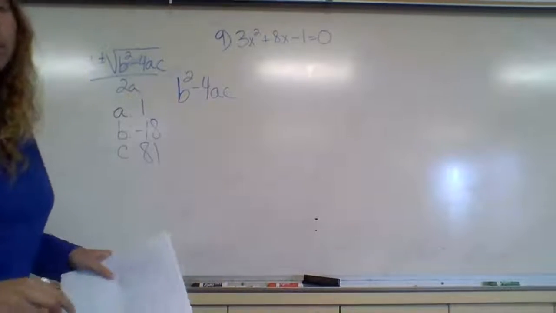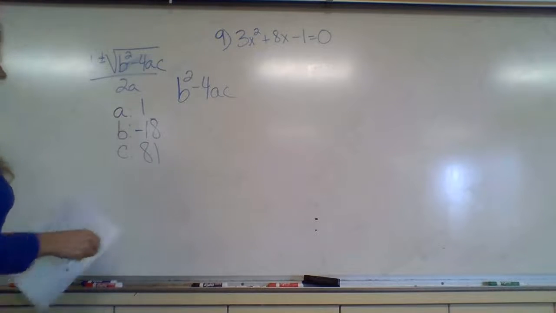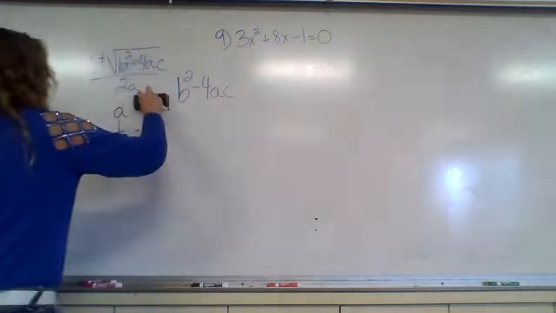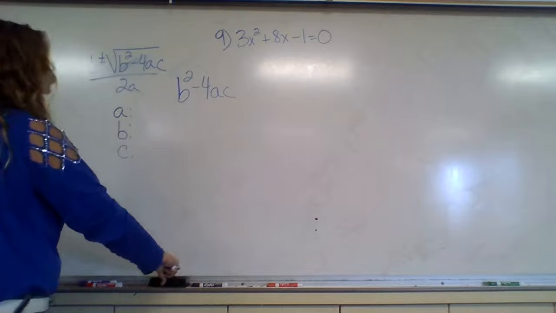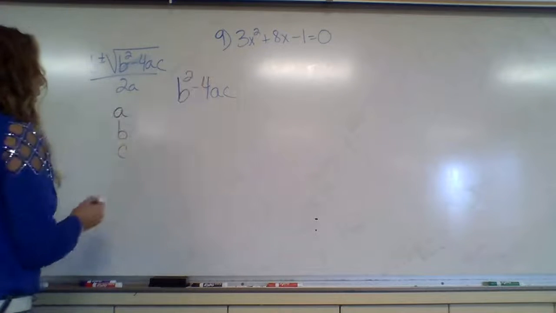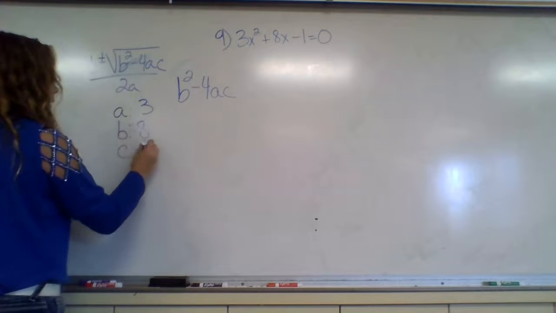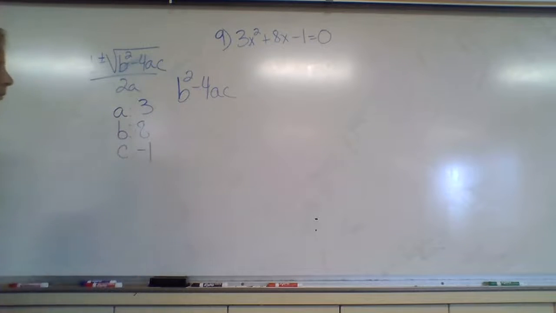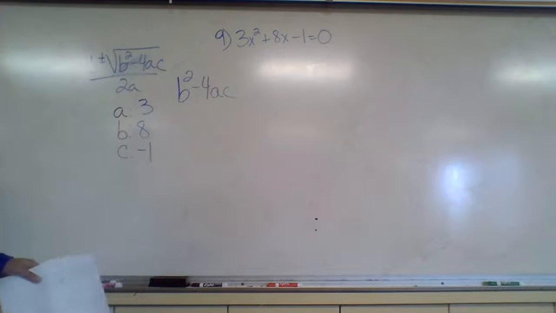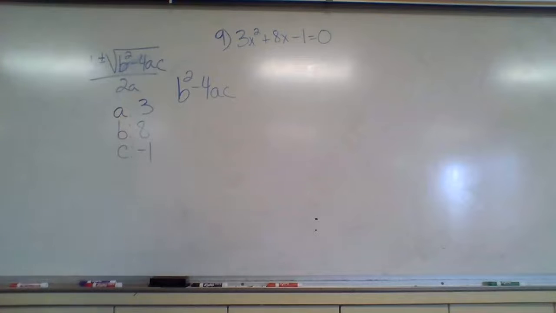All right, number 9. So, how many roots and classify? Oh, that was from last problem. So go ahead and identify A, B, and C from your equation. A is 3, B is 8, C is -1. Okay, now you're going to use these and you're going to substitute them into your discriminant.